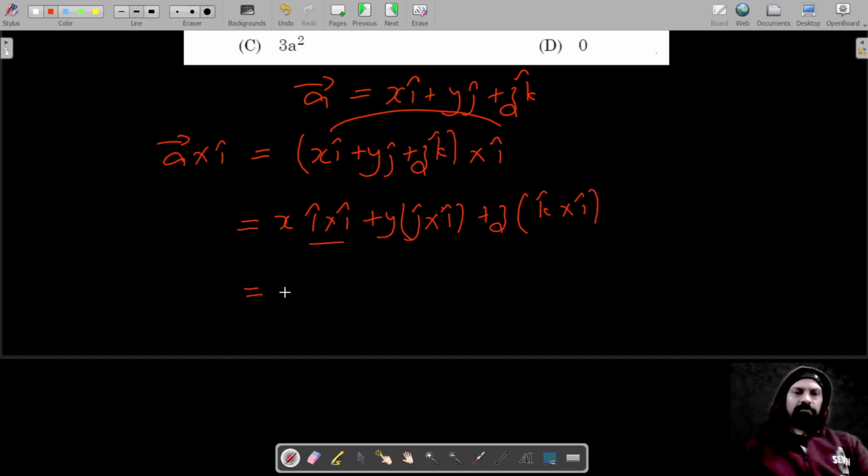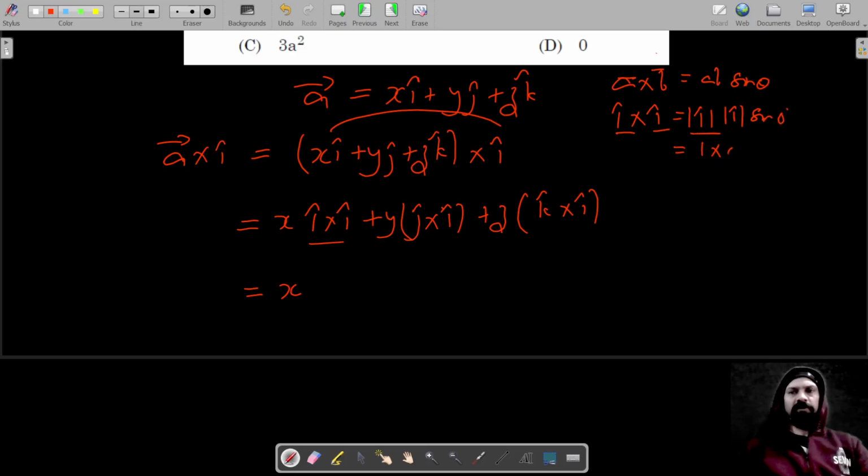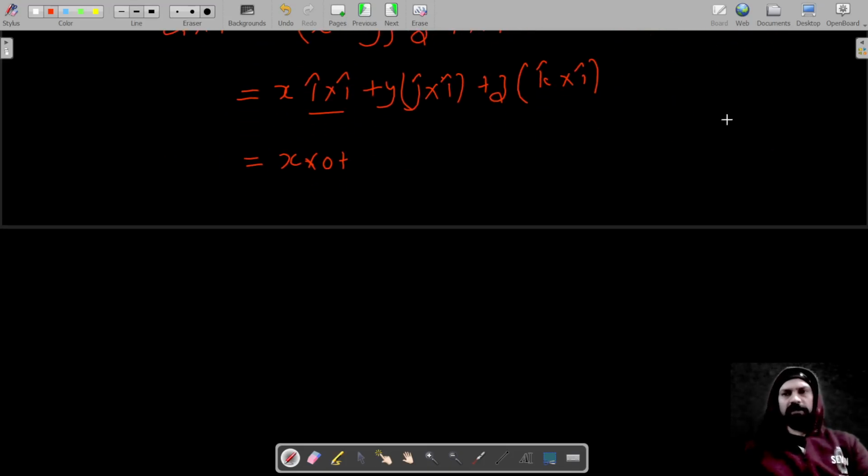Now I cap cross I cap is 0, because we know that the cross product A cross B is AB sine theta. The angle between these two is 0, so this is magnitude of I cap into sine 0. I cap is a unit vector, so this is 1 into 0, which is equal to 0. So this is 0.